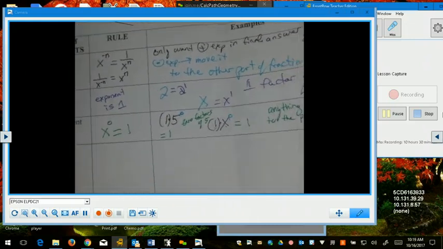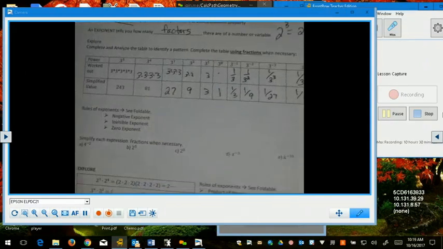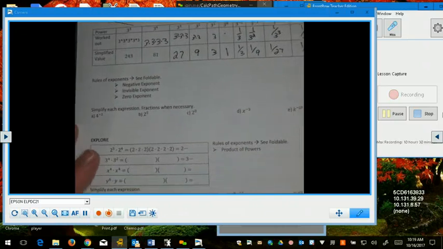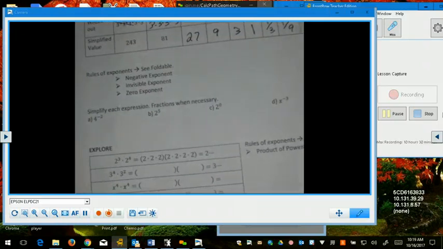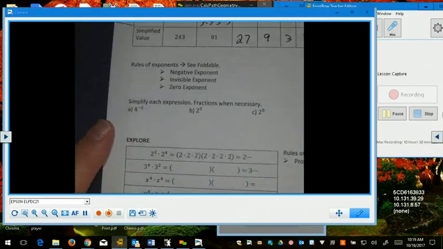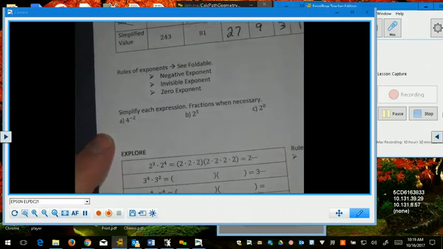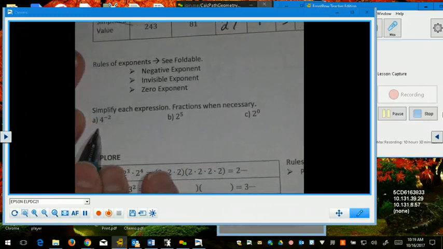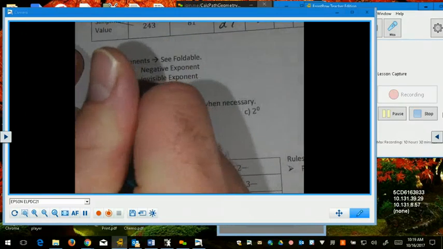All right. So let's go to A through E. I'm going to have you see if you can do some of these problems. Okay, I'll do 2 of them with you. We have 4 to the negative second. What does that mean?